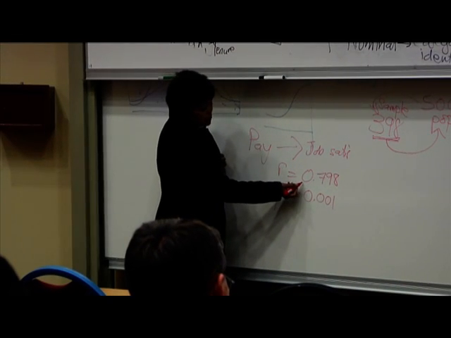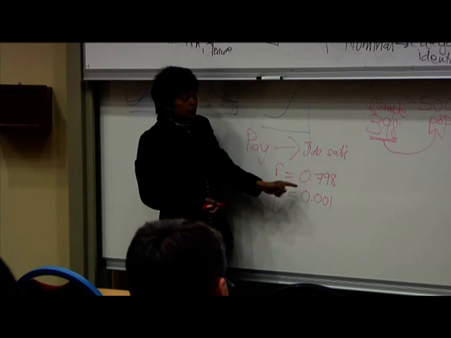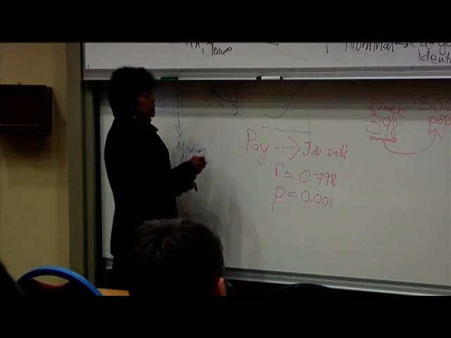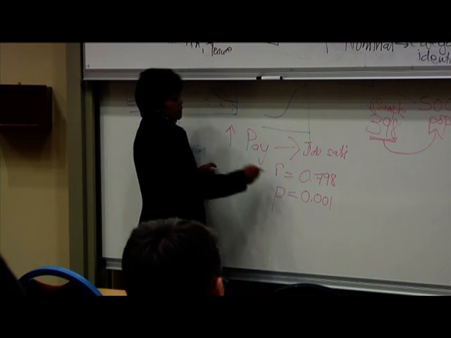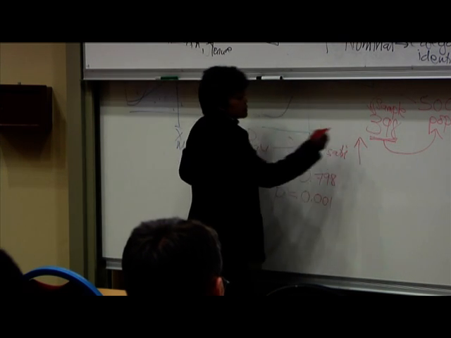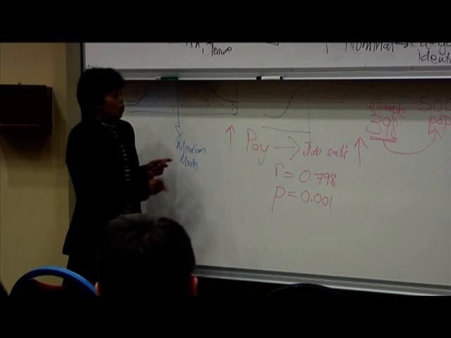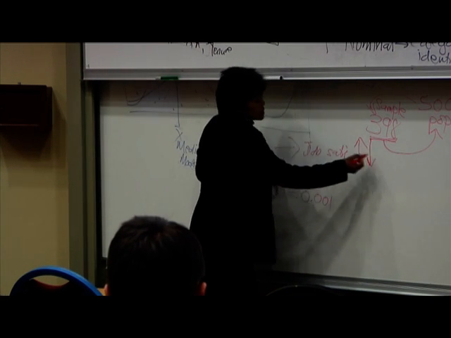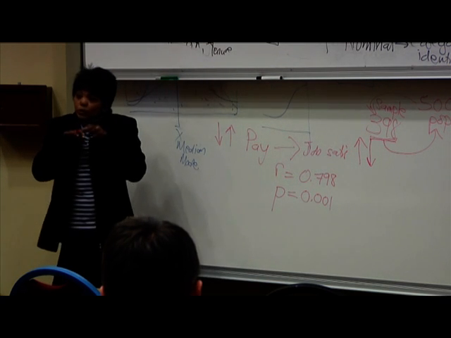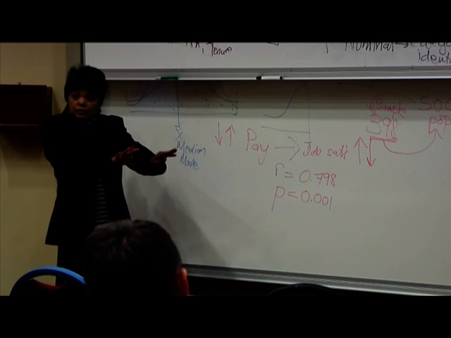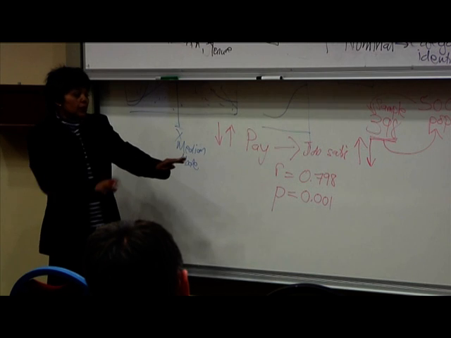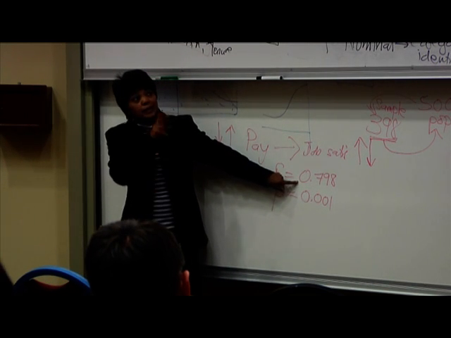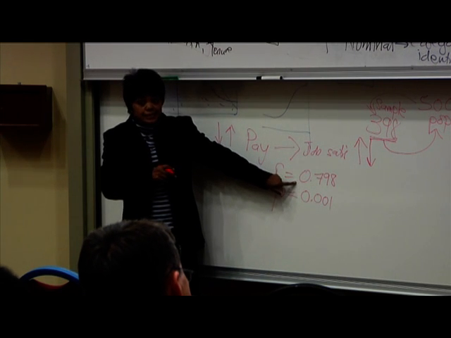If there is a positive sign in the front, which is taken for granted if you don't have a negative sign, it means an increase in pay is leading to an increase in job satisfaction, or a decrease in pay is leading to a decrease in job satisfaction. Both are moving in the same direction. Therefore, it is a direct relationship. In terms of direction, it's direct.